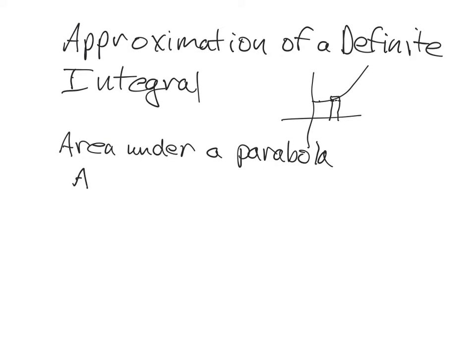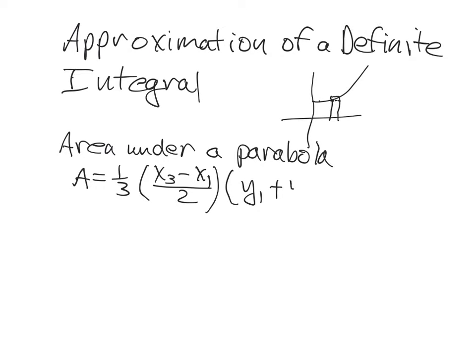And that area formula under a parabola, 1/3 times (x sub 3 minus x sub 1) over 2, and then (y sub 1 plus 4 y sub 2 plus y sub 3).